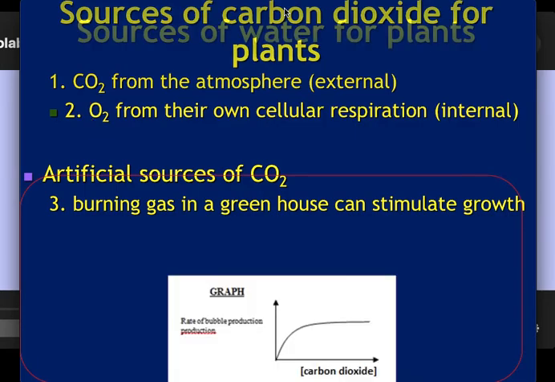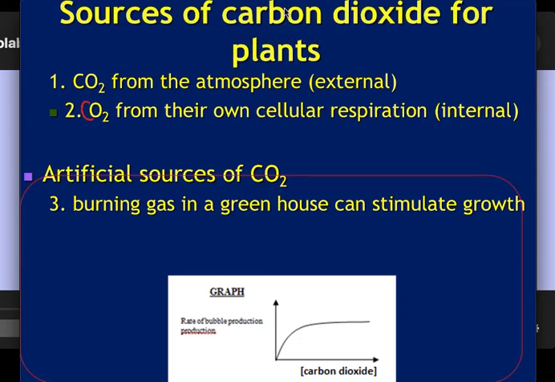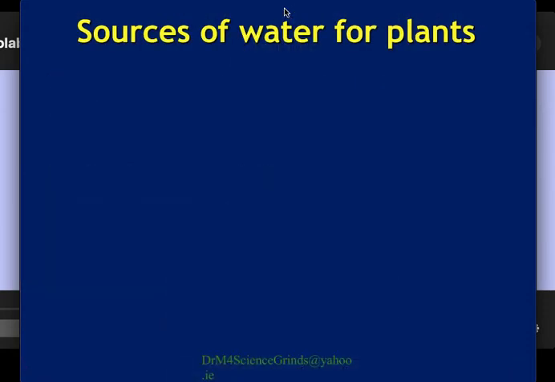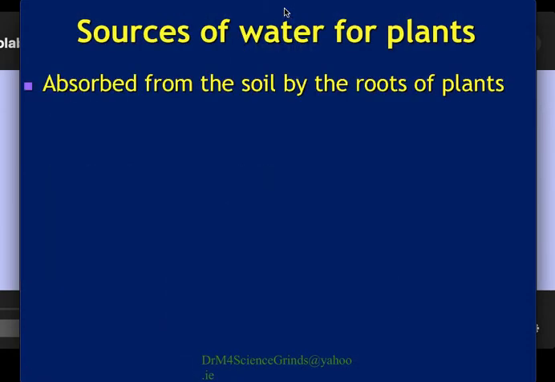So burning gas releases CO2, and that is a way to have loads of carbon dioxide present for your plants to use in the dark stage. Now there's a plus side of using burners, and we'll see that in a minute.